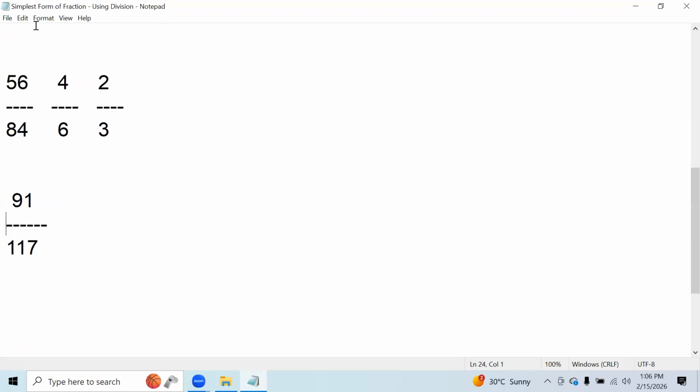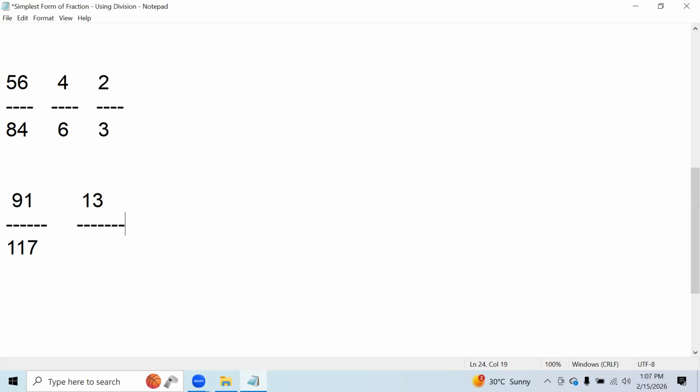Let's look at the next problem, 91 upon 117. Here, is it divisible by 2? No. 3? No. 4? No. 5? No. 6? No. 7? Yes, you can divide 91 by 7 if you know 13 sevens are 91. If you divide 91 by 7, you get 13. 7 1s are 7, 7 3s are 21.